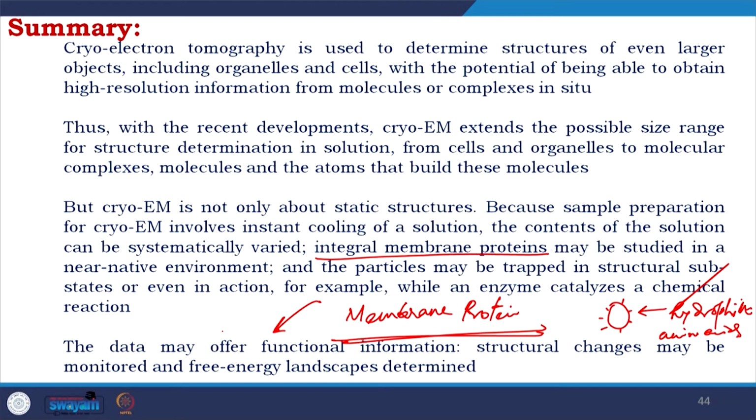Membrane protein and related developments are possible with the advent of cryo-electron microscopy, like high resolution cryo-electron microscopy. The data may offer functional information, structural changes may be monitored and free energy landscape could also be determined.